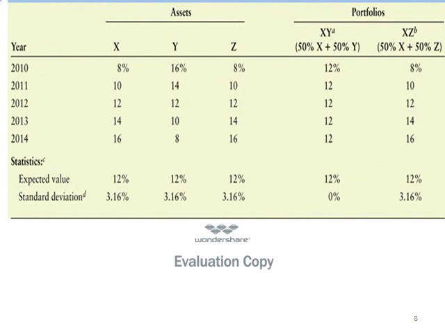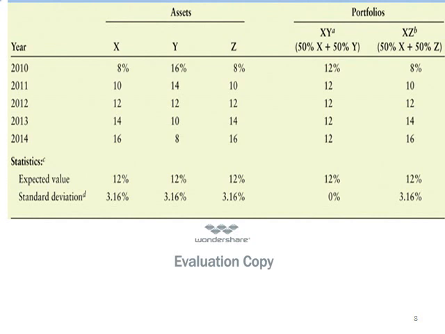If we make a portfolio combining X and Y, the expected value for the portfolio will be 12% and the standard deviation will be 0, because assets X and Y are negatively correlated. If we make a portfolio of X and Z, the expected rate of return will be 12% and the standard deviation will be 3.16. The risk, or the standard deviation, increases because asset X and asset Z are positively correlated.